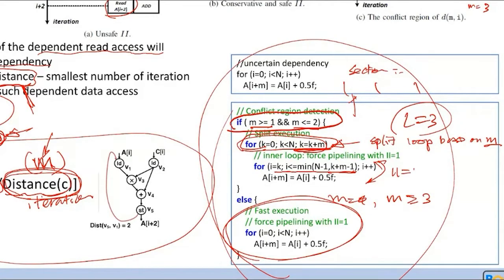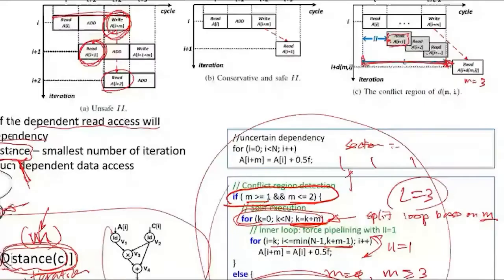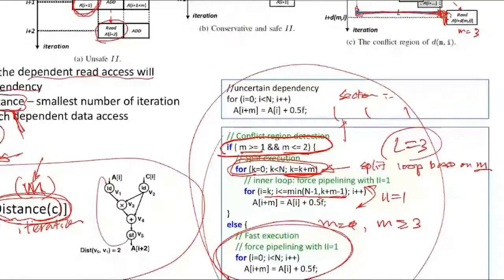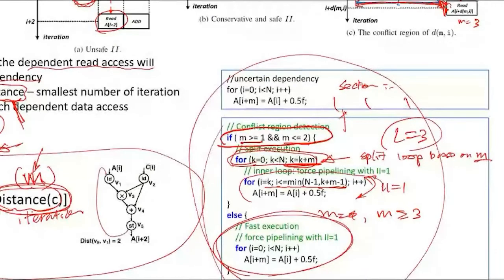Whenever the iteration reaches M, you have to wait for the result to finish, then you can proceed.